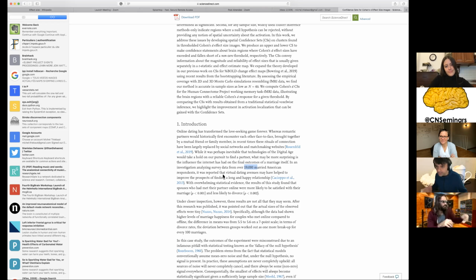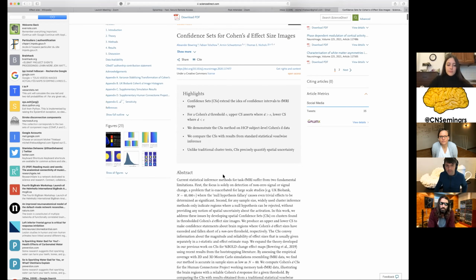And so there is a kind of mix up between an effect being significant and the size of this effect in the literature. And this is especially true now that we have large databases such as the Human Connectome Project, which is more than 1,000 subjects, or the UK Biobank, which is more than 10,000 subjects.